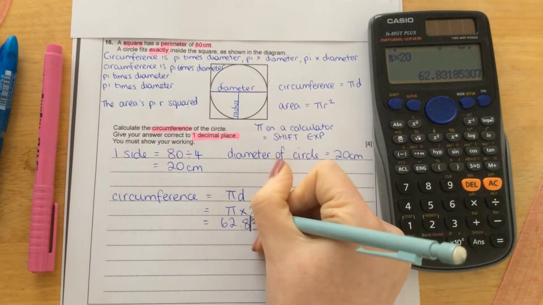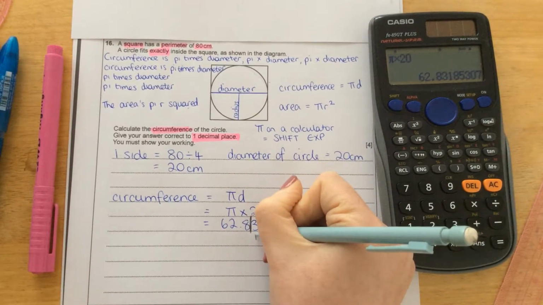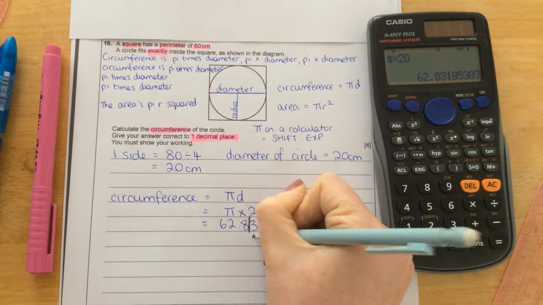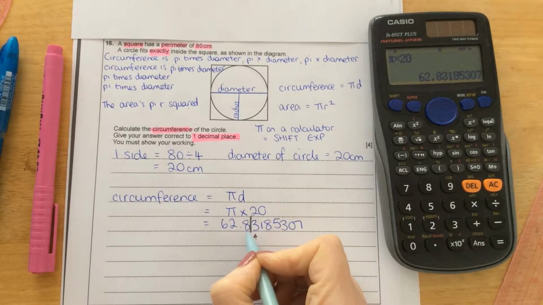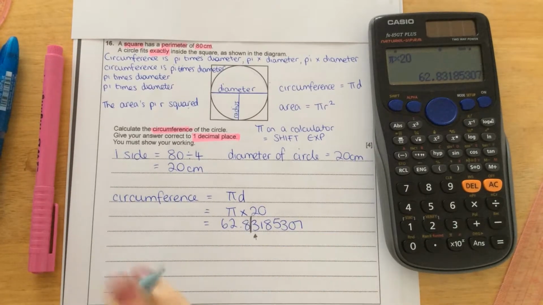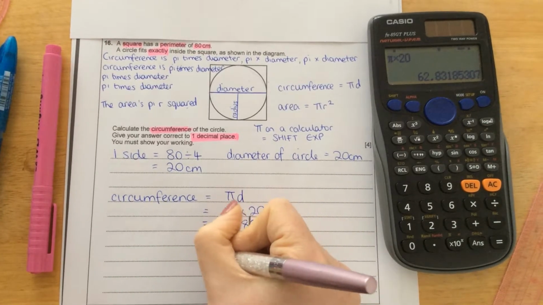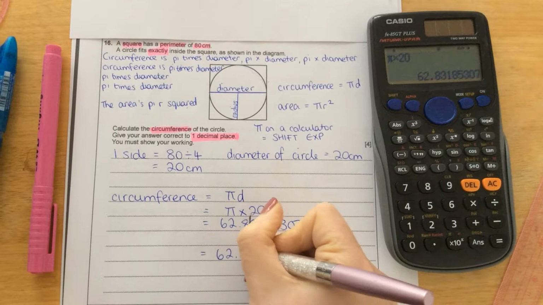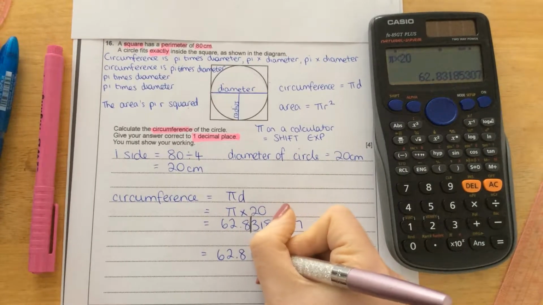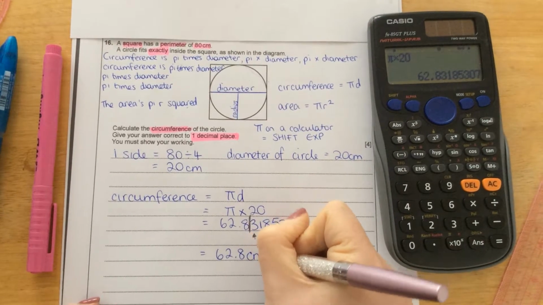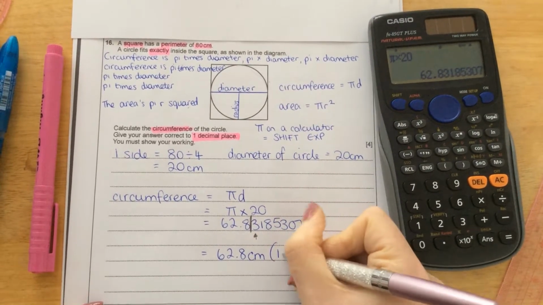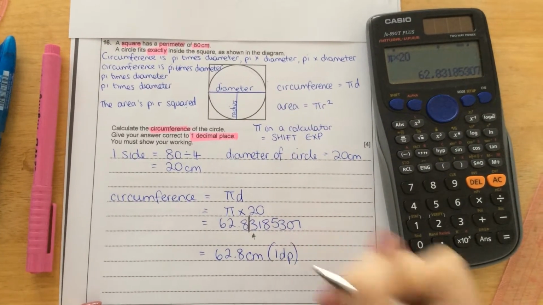So I put a line there, and if the number after it is a 5 or above, then I would have to round up. If it's not, then this number stays the same. So that would be 62.8 centimetres, because the question is in centimetres. And tell the examiner what you rounded it to, 1 dp.